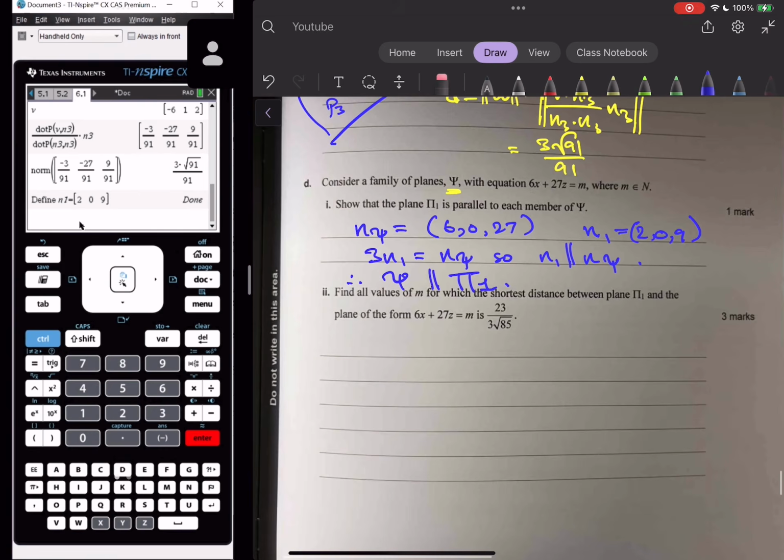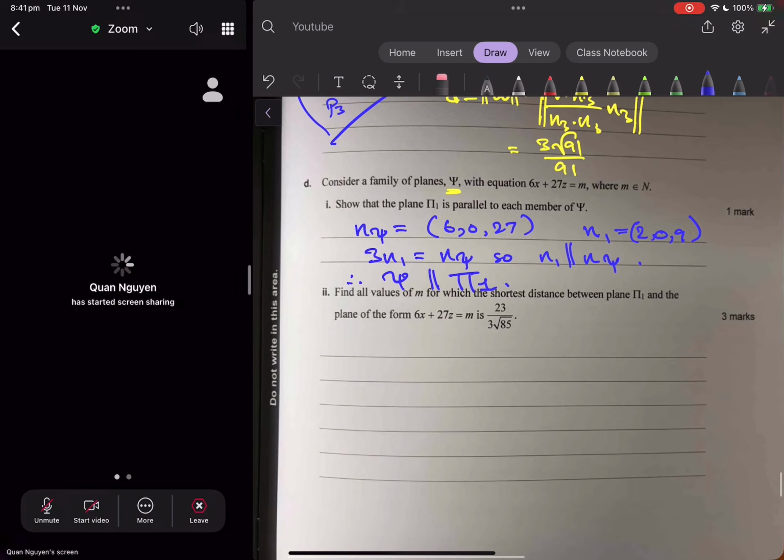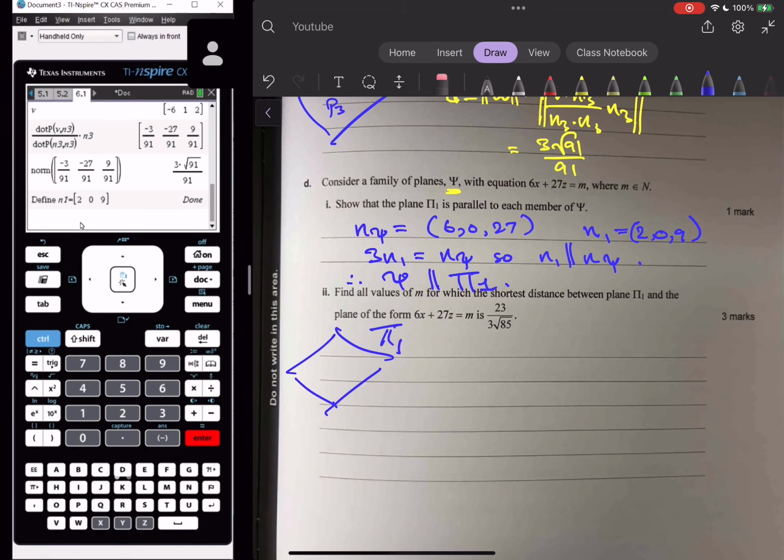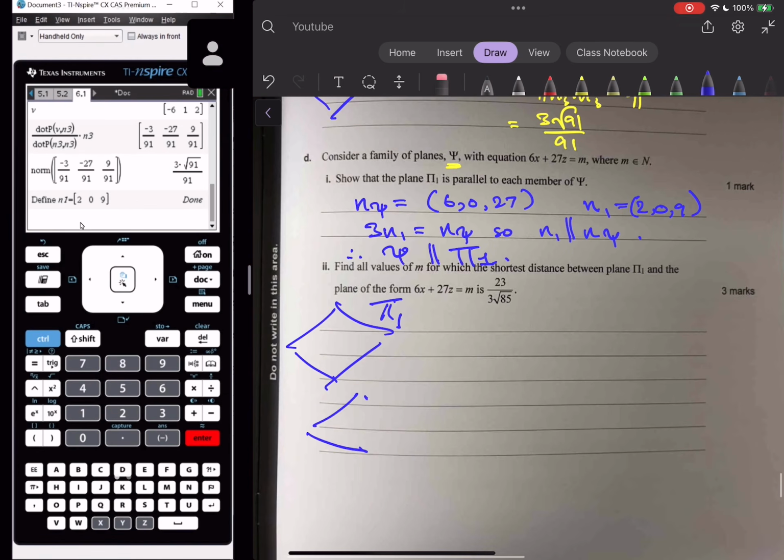I don't have the formula in front of me right now, so I'm just going to derive everything from scratch. So let's take our plane pi1, and let's take our plane psi. We know the normal vector. Let's just take the normal vector of these two to be 2, 0, 9.